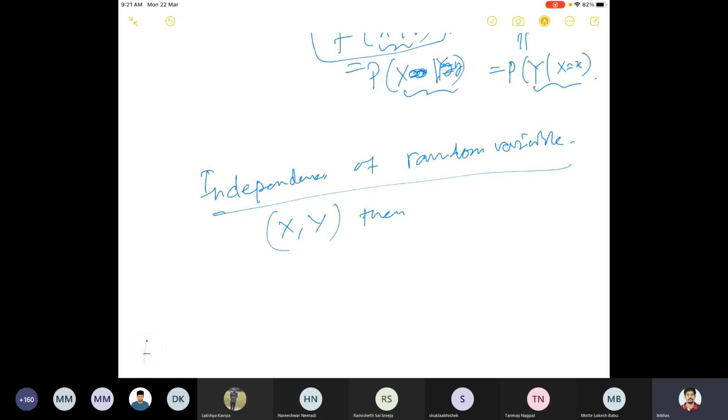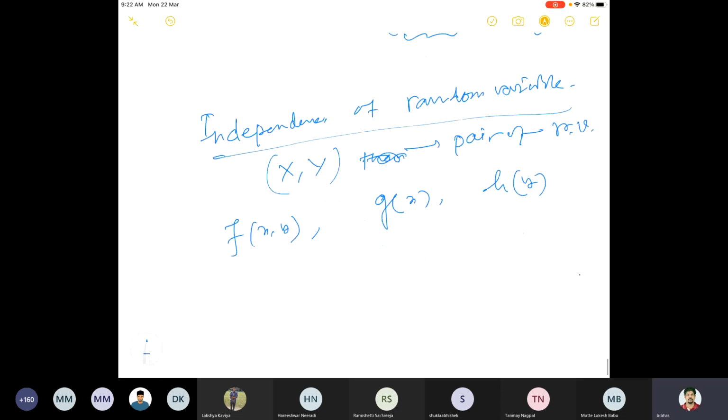Of course there is a probability distribution function or density function. So this is a pair of random variables, and let f of xy denote the joint distribution, g of x denote the marginal distribution of x, and h of y the marginal distribution of y.